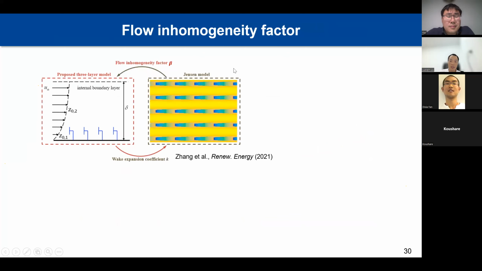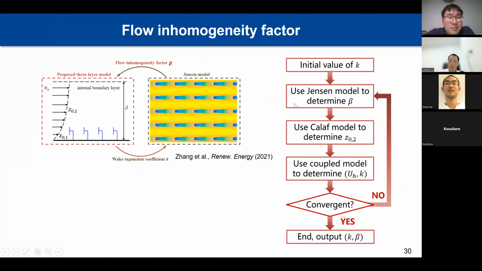So for the second question, we use a coupled model recently developed by Zhang, Ge, Yang, and others. Basically, the procedure is like this. First, we get an initial value for the wake expansion coefficient K. Then we can use the Yates model to determine the flow inhomogeneity factor beta. With beta determined, we can use a 3-layer model or the Clough model to determine the wind farm equivalent roughness height.